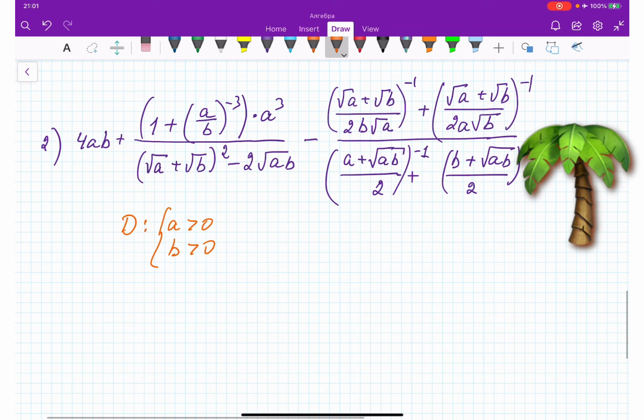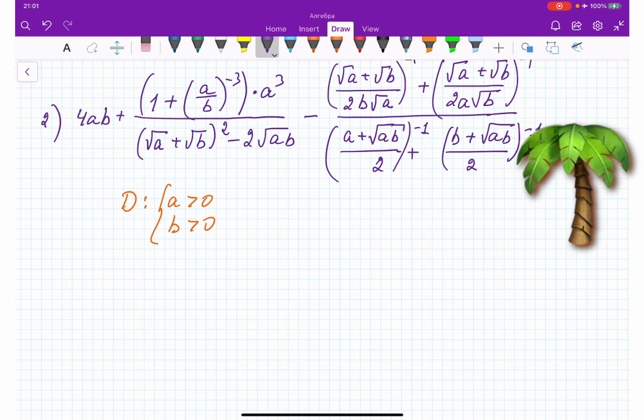Okay, let's start solving. So this is going to be equal. Let's see what we are going to do. 4ab plus 1 plus, since I have here power -3, right?